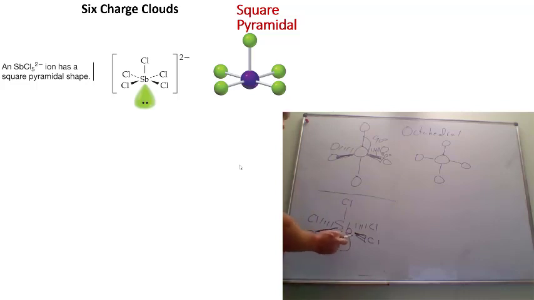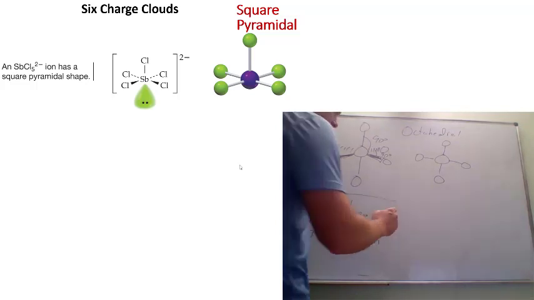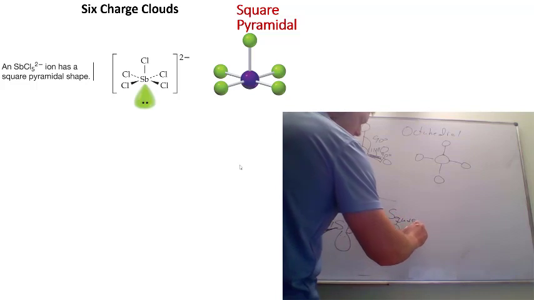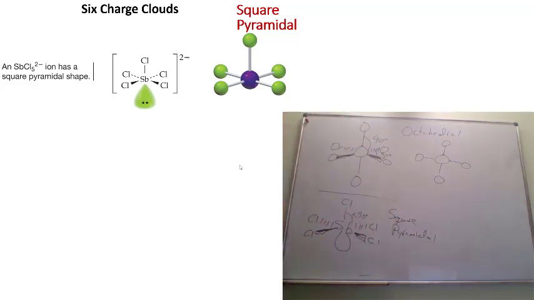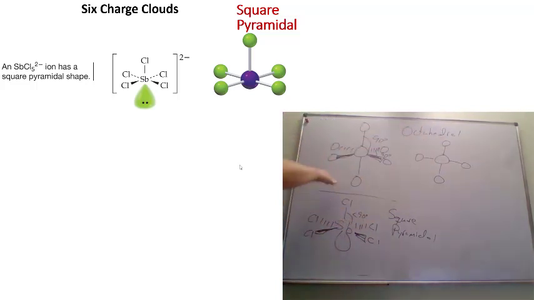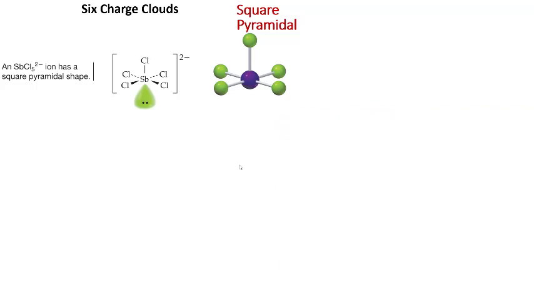And so this lone pair here is going to push that angle slightly. And so what you're going to get is a slightly less than 90-degree angle between this axial and equatorial position for these shapes. And this is what's called a square pyramidal. Okay, and so the reason this is called square pyramidal, if we turn this on its side, we would see that it has that square shape on the bottom, but it is going to make a pyramid. So square pyramidal.